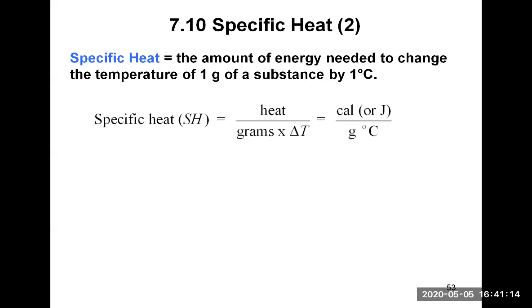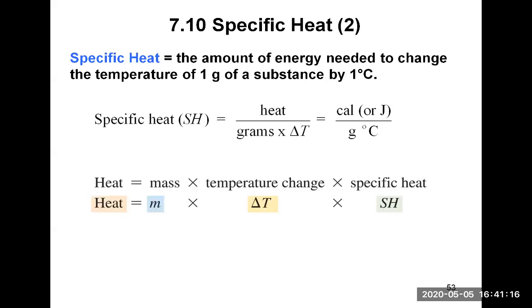Now, we can modify this formula and have it in this form. If you multiply both sides of the equality of specific heat equals heat over grams times delta T by the mass times delta T, on the side where you have heat over grams times delta T, the grams times delta T will cancel.